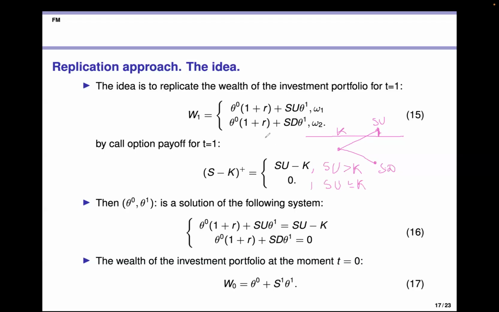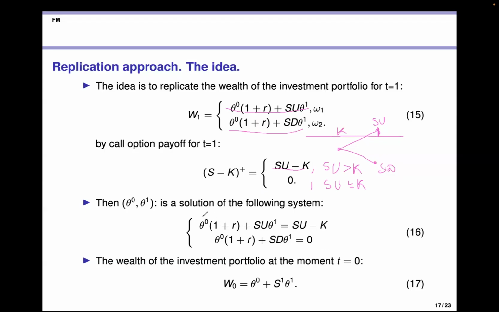But these are two scenarios, the payoff function of the portfolio. And our idea is that the profit in the up scenario should be equal, so in the up scenario this equals this. In the down scenario, the same. The payoff function, you see, this equals 0.